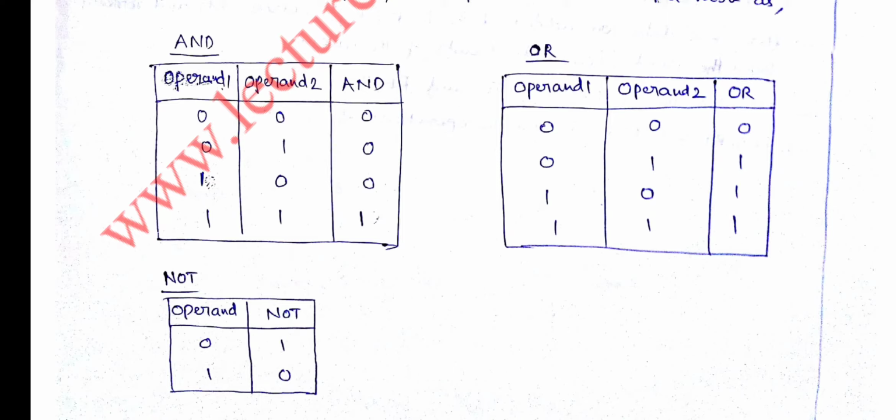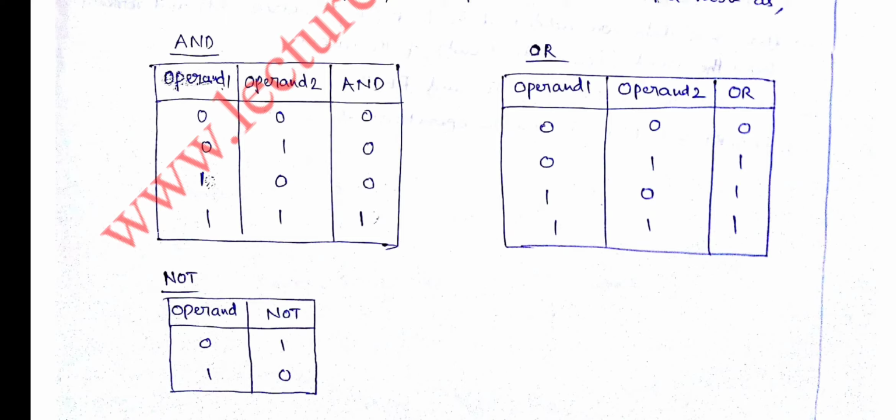Operand 1 is 0, operand 2 is 0, which gives you 0. Operand 1 is 0 and operand 2 is 1, means true false. You should treat it like true or false. In SSC mathematics also we have this true false, and sets and relations, right? 0 1 gives 0, 1 0 gives 0, 1 1 gives 1.